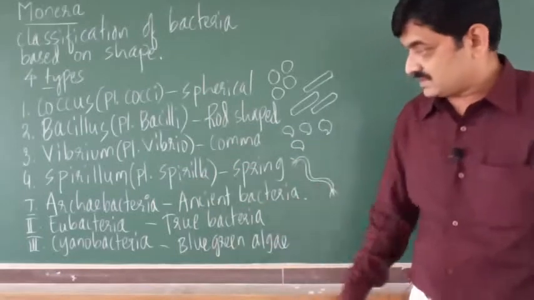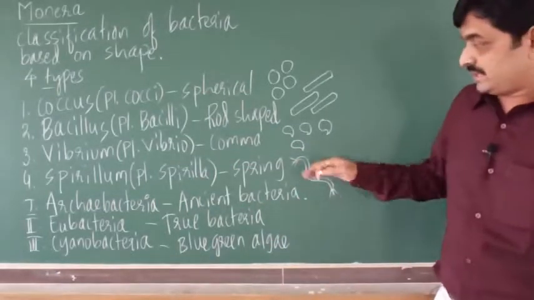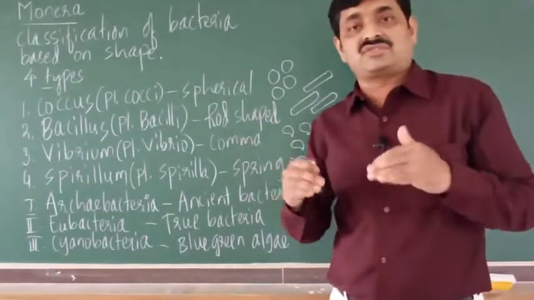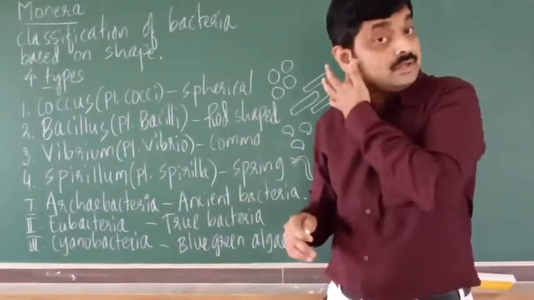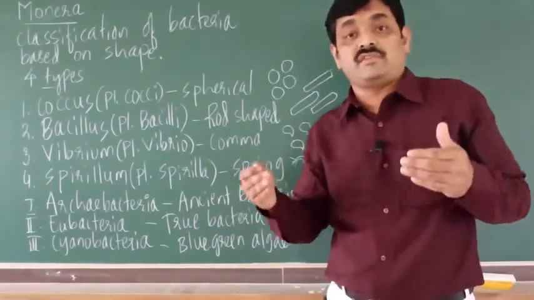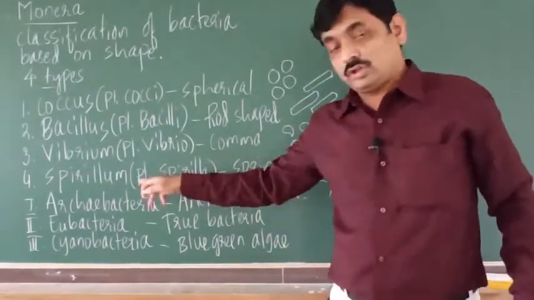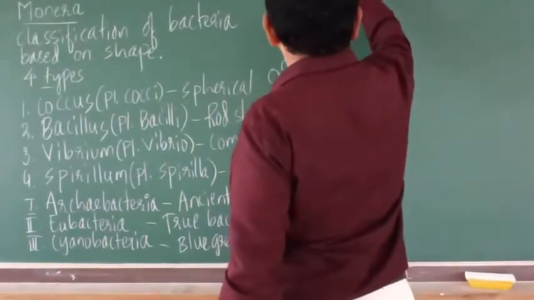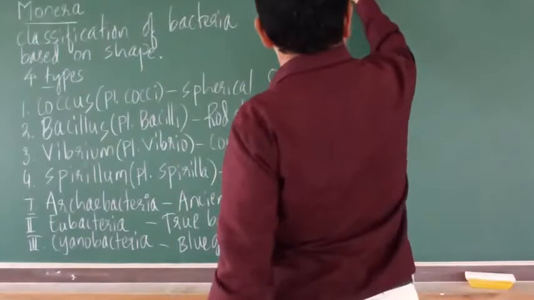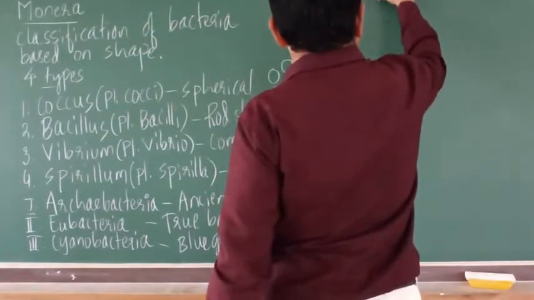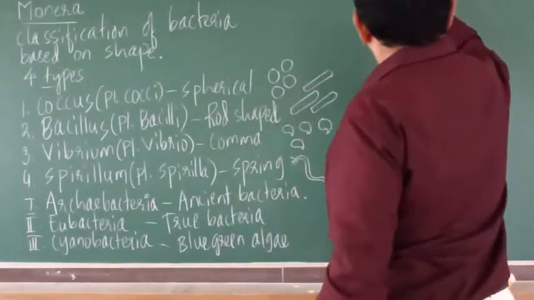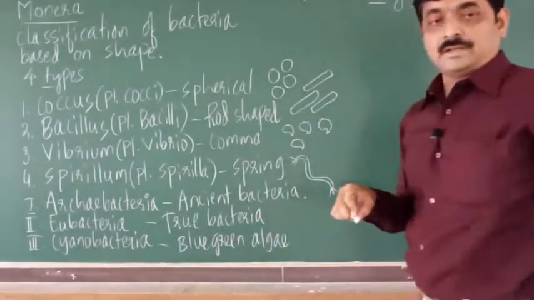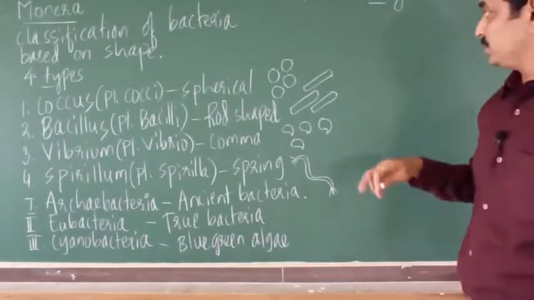So first we will consider the Archaebacteria, which are the ancient bacteria. Now these bacteria live in extreme conditions. Extreme conditions means very difficult conditions or unfavorable conditions. So these Archaebacteria are further classified into three groups.